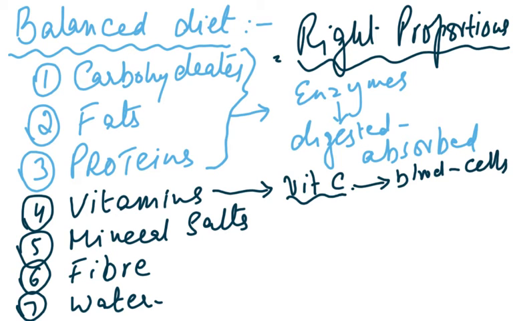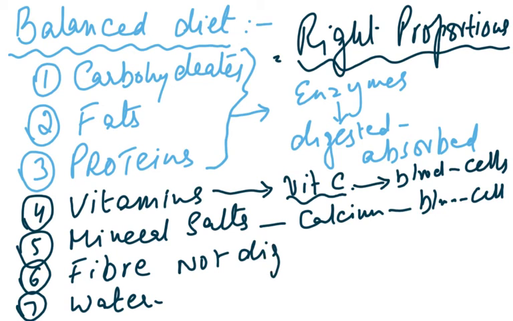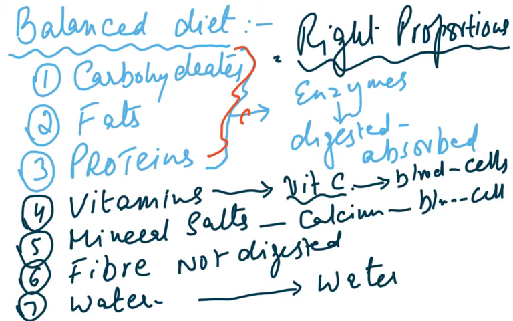If you had milk, in milk you had calcium, which is a salt. Calcium enters your blood, enters your body cells. Fiber is not digested, so that is out, but you need it for your normal healthy intestines. And water is absorbed as water. So basically the enzymes are needed to digest these 3: carbohydrates, fats, and proteins.